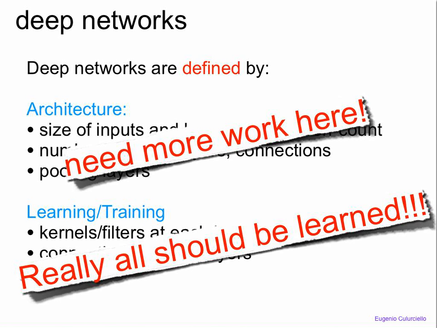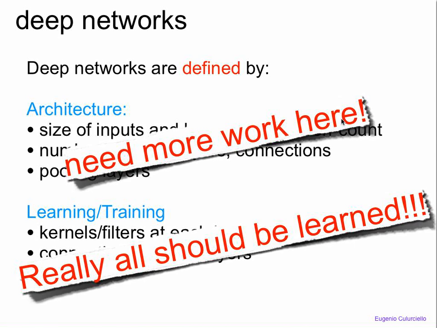But really, architecture should be a parameter that is learned. There has to be a little more work here that is more difficult to do, but it's quite a bit more important, as we see that some of these networks, for example, perform quite well even with random parameters. It means that sometimes it might not be the actual filters that make the difference, but the architecture.